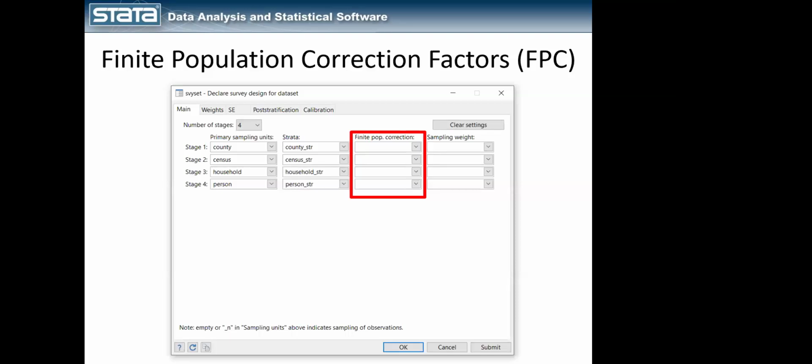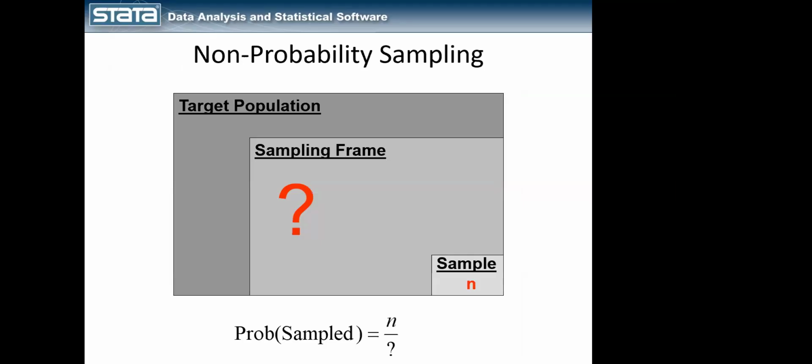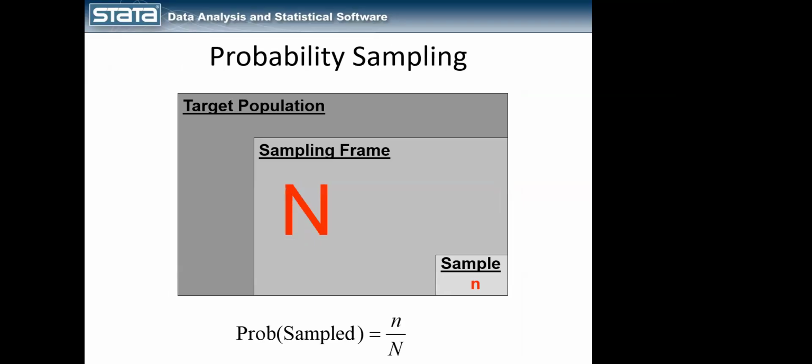So that's the next column of boxes in our svyset dialog box. So what is this thing? Well, to talk about FPCs, or finite population correction factors, we need to go back and talk about probability versus non-probability sampling. So remember, what we usually do is a non-probability sample where we don't know the size of the sampling frame.